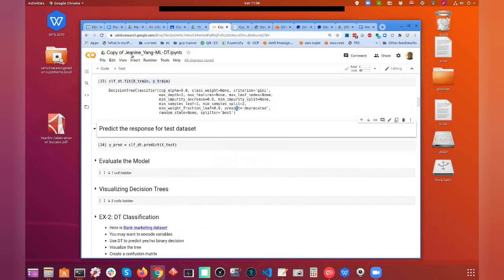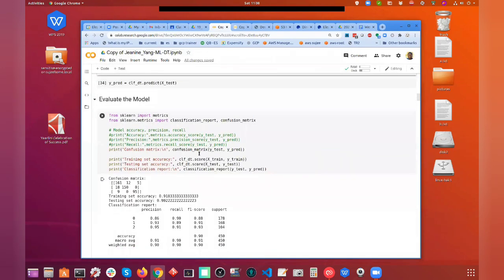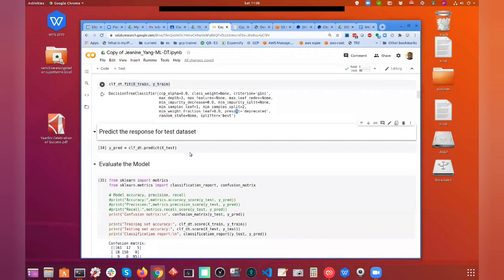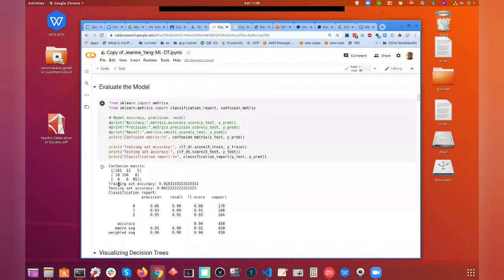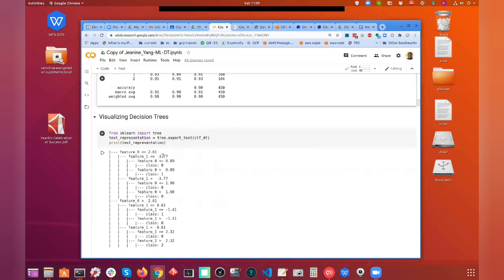So let's see. Okay, all right. And this is a classifier, so we are doing our usual confusion matrix classification. You can see the confusion matrix, and measure training and testing accuracy. You're getting pretty decent accuracy, 90% for both training and testing. So that's good. For visualizing, you can do text visualizing, which is very good.